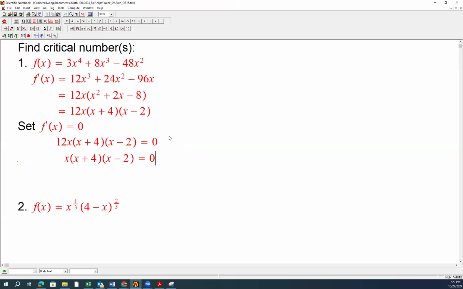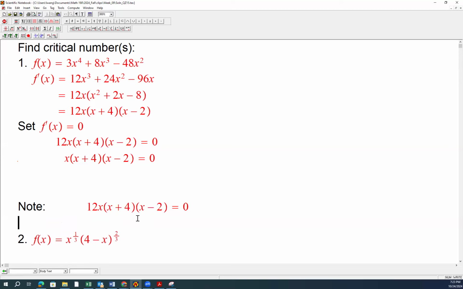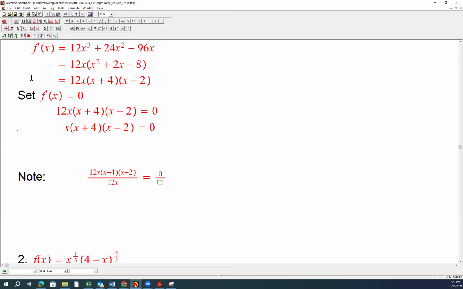I wish to point out, some people divide both sides by 12x. Can we do that? The answer is no, unless you specifically say x cannot be 0.